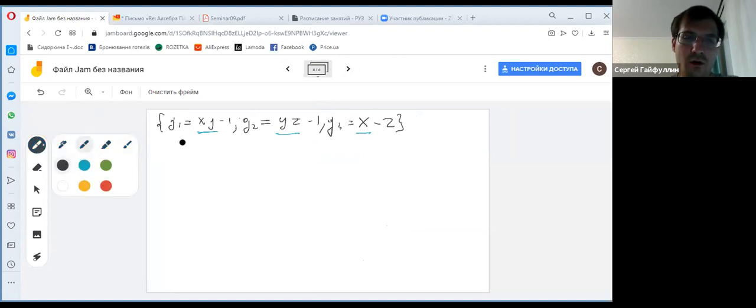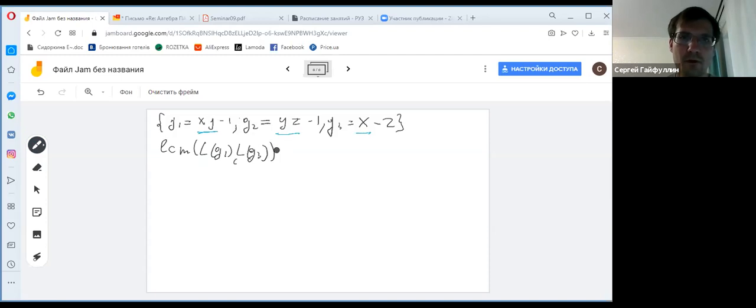Now for S polynomial of G1 and G3, I need to compute the lowest common multiple of the leading terms, not G1 and G3 themselves, I'm sorry. Okay, this is, of course, xy. Good, now I compute S of G1 and G3.